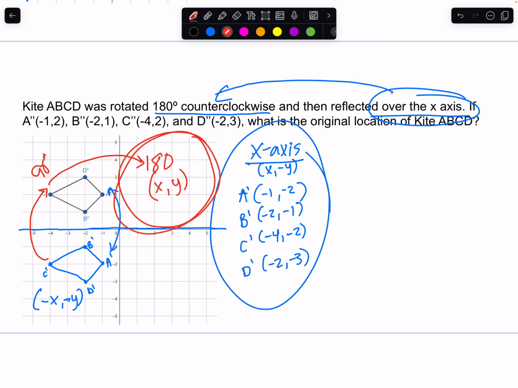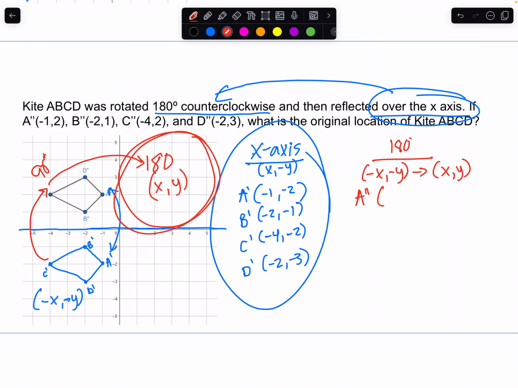So all I have to do in my 180-degree rotation is look at the rule. The rule is x comma y, -x, -y, takes me to x comma y. Notice that the only thing that changes is the signs. I have to do the opposite of x and the opposite of y.